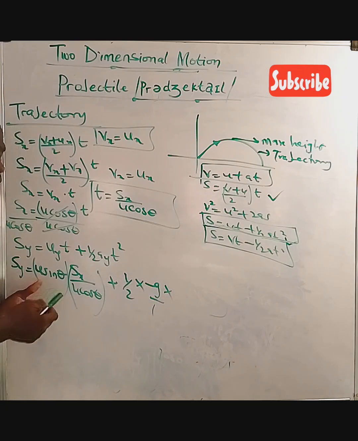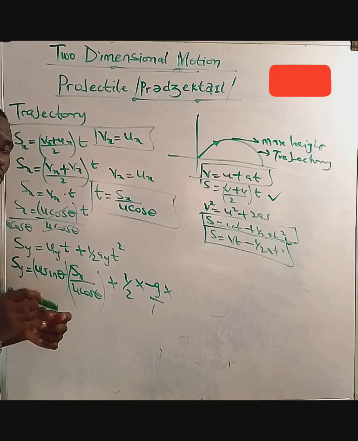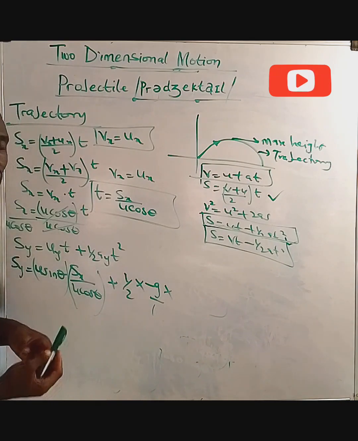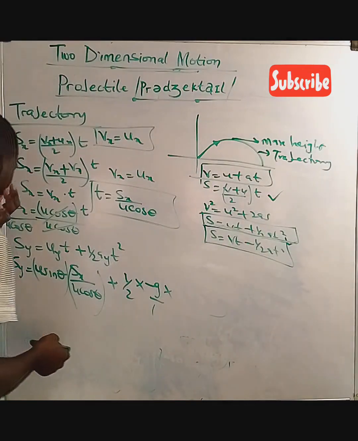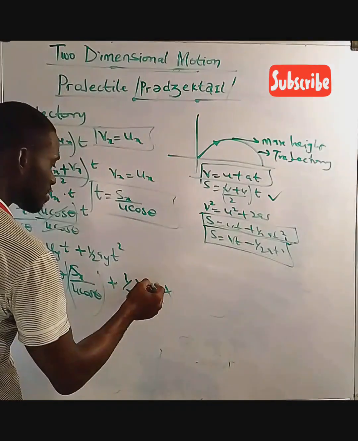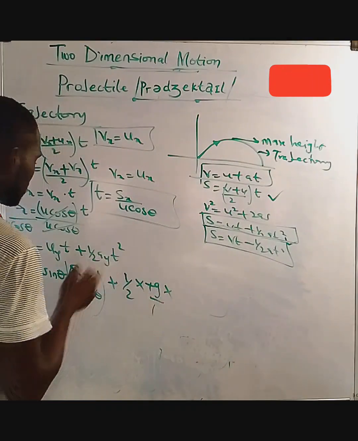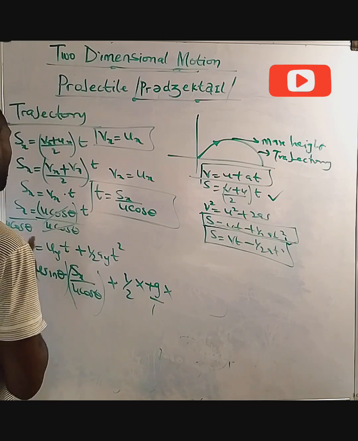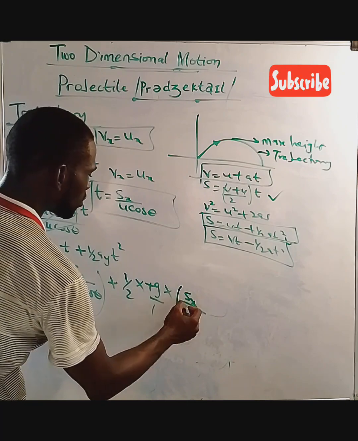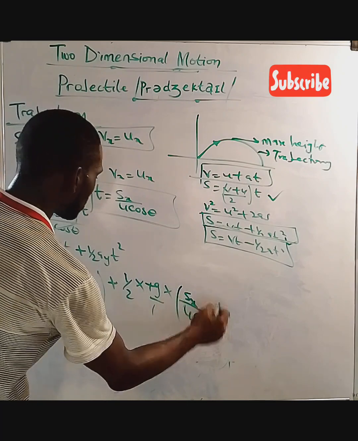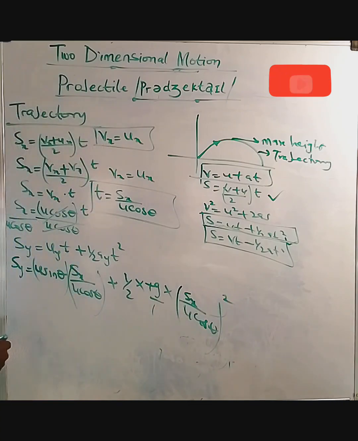This acceleration along the y-axis depends on a lot. It could be that the body is being shot down or thrown up. So it could be minus gravity, it could be plus gravity, it depends. Then the time is distance along x over u cos theta, raised to power 2. That's what we have.